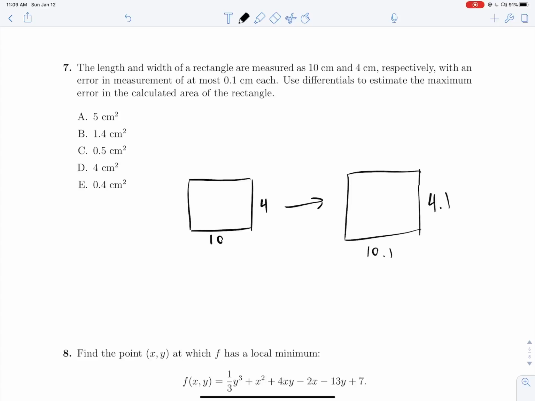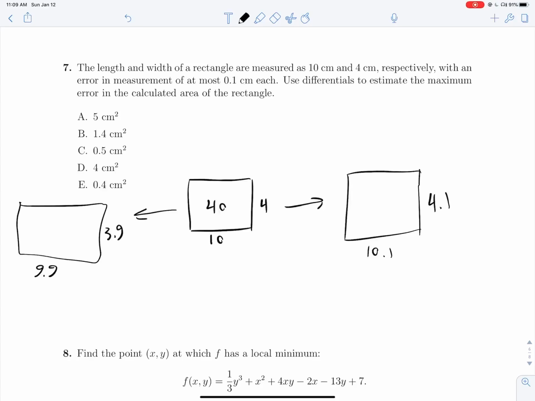That's going to give us a bigger change in area than if we go down to 9.9 and 3.9. And then all you have to do is recognize that our area here is going to be 40.